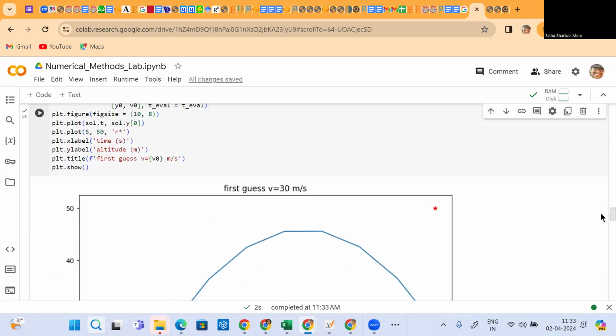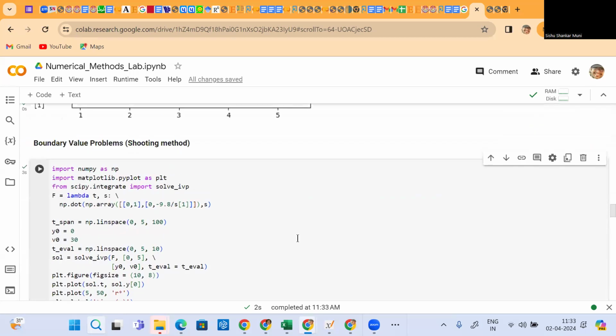Previously, it was going uphill. Now it is going downhill. So that should give you an intuition that it is somewhere lying in between 30 to 50. Now you have to use the bisection method and your ideology like it. So we can play around with it.